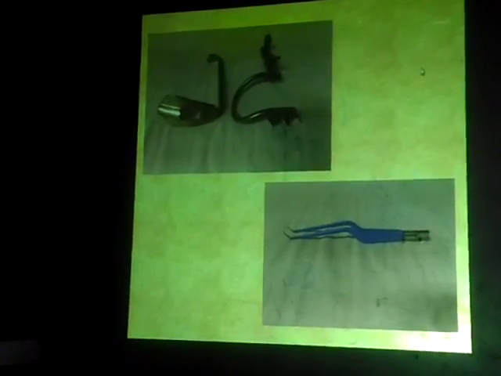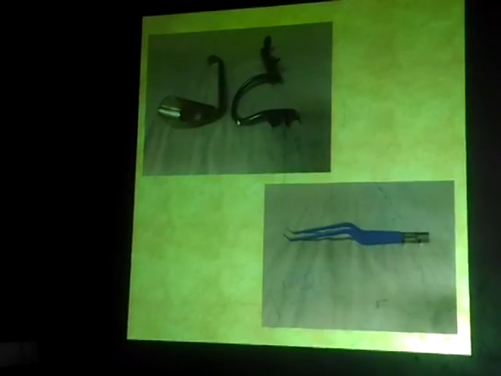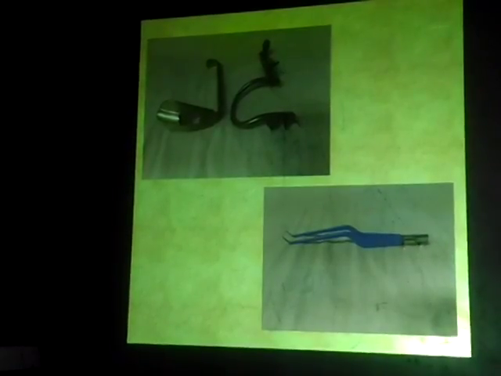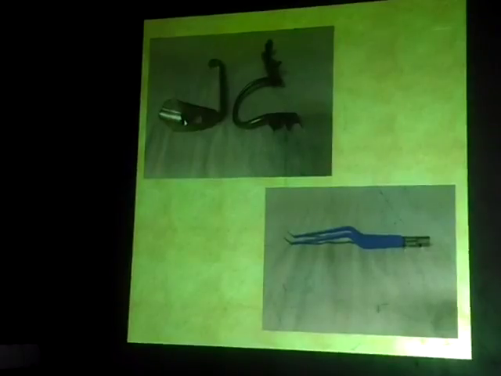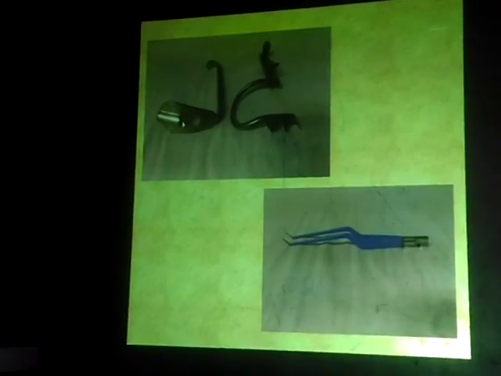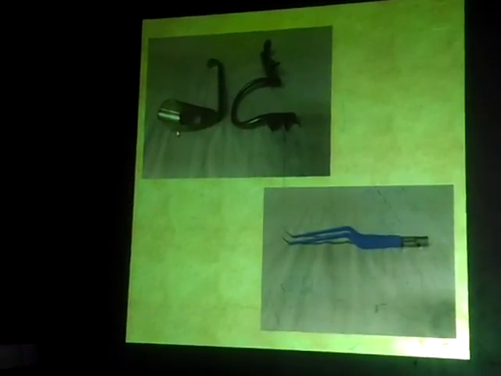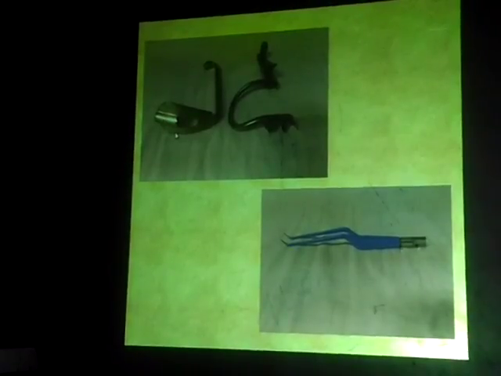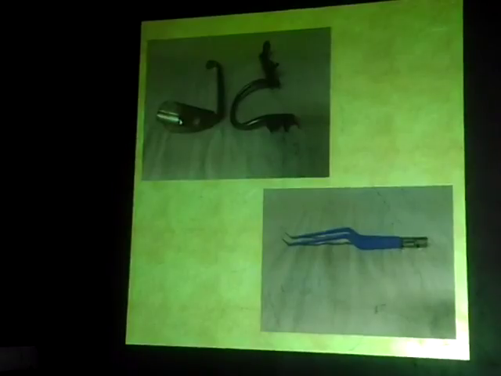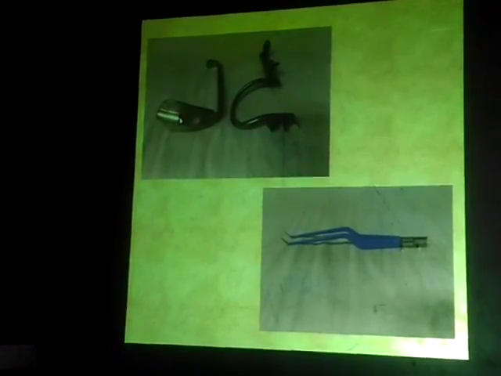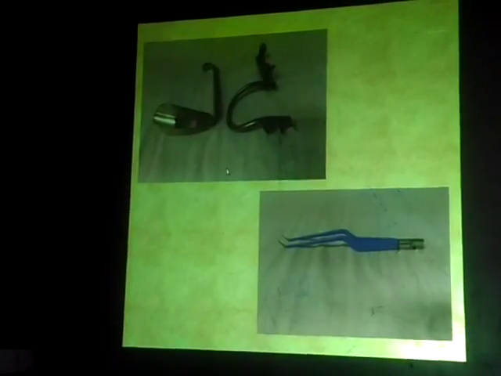Also, two other important instruments. Use whatever type of mouth gag that you think of, but always use a mouth gag that has a slot or a groove for the endotracheal tube. Okay, this is very important. The old type of blades which don't have this groove will compress the endotracheal tube while doing the surgery, and your anesthesiologist will not be happy with you.